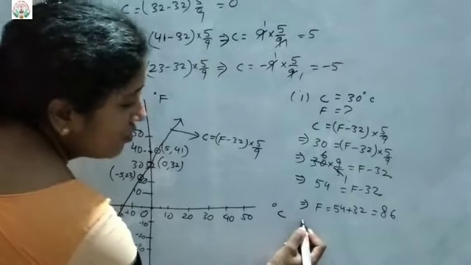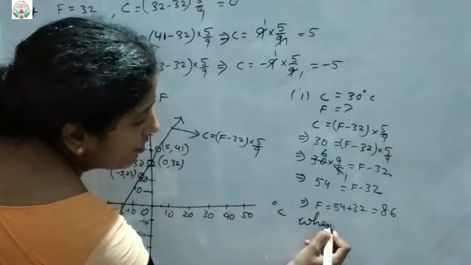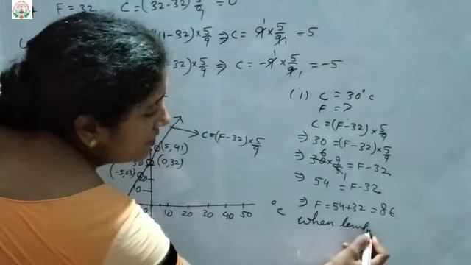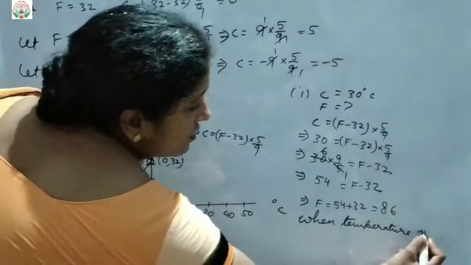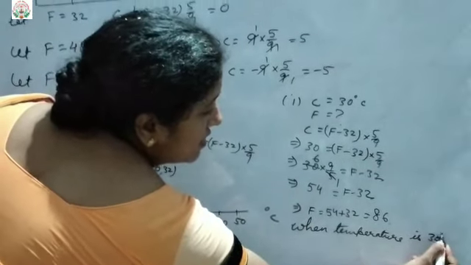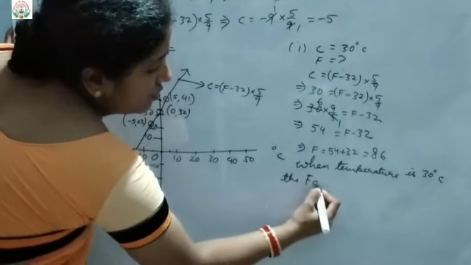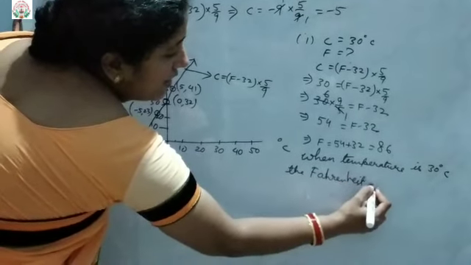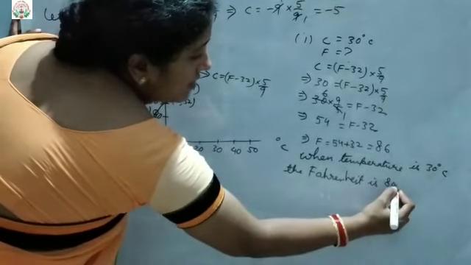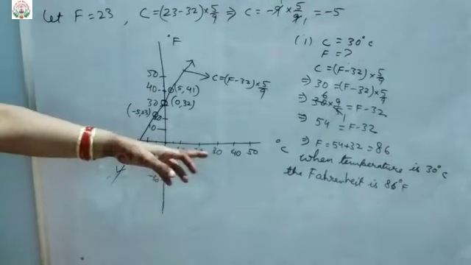Okay, so you can write when temperature is 30 degrees Celsius, then Fahrenheit is 86 degree Fahrenheit. Okay, first one is done.